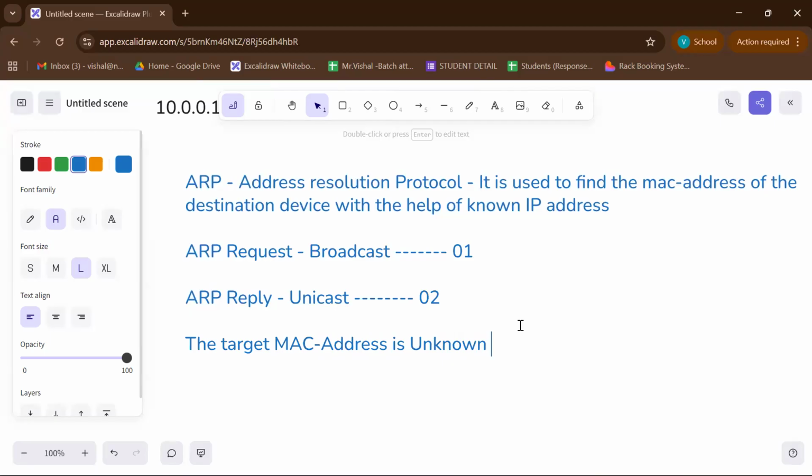Okay, the target MAC address is unknown. It means what? And somewhere you will find the target MAC address is all F.